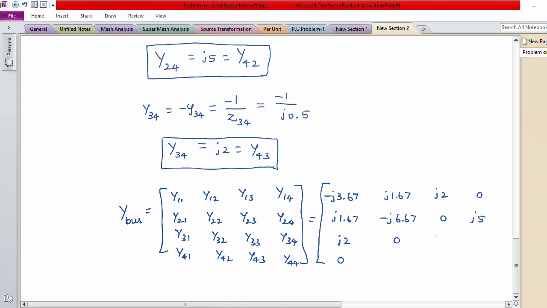Third row: Y31 is j2, Y32 is 0, Y33 is minus j4, Y34 is j2. Fourth row: Y41 is 0, Y42 is j5, Y43 is j2, and last Y44 is minus j7. So this is the formation of the bus admittance matrix using the direct inspection method.